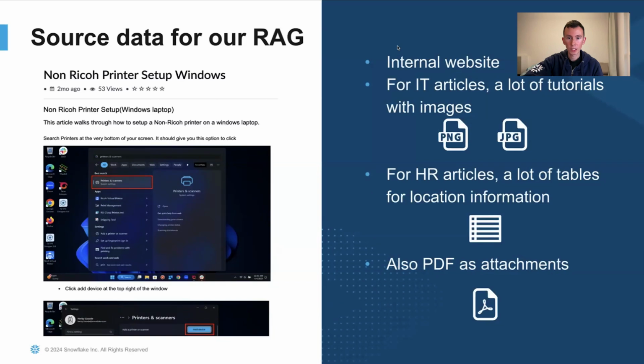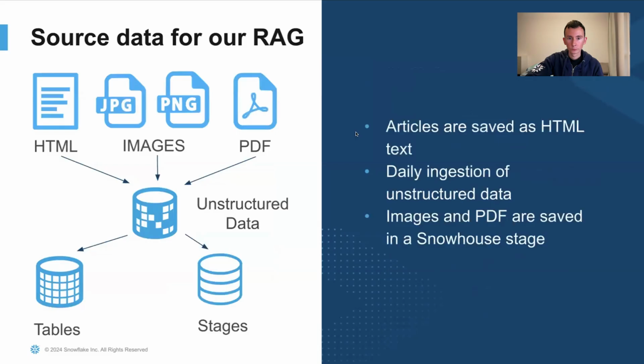So that's why we have information containing tables. And it can happen sometimes for some articles, we have PDF as attachments. So as I said, we have both HTML web pages, images, and also PDF. All this data can be considered as unstructured data.